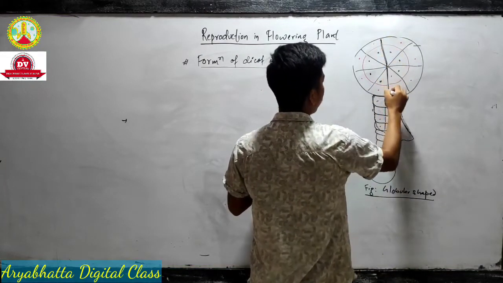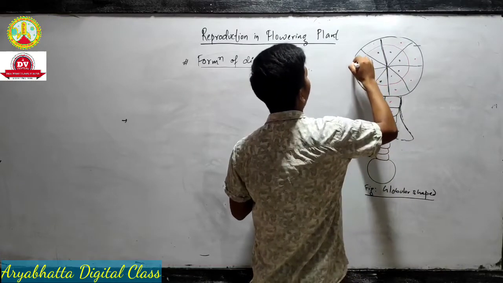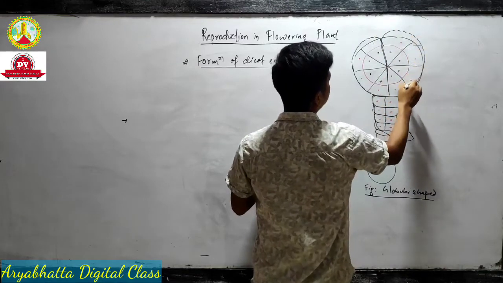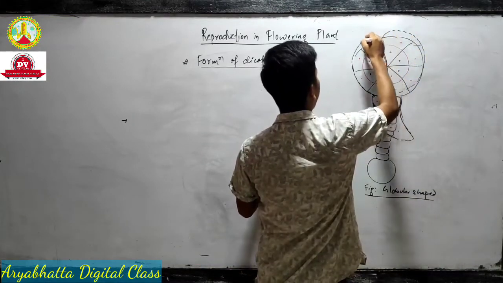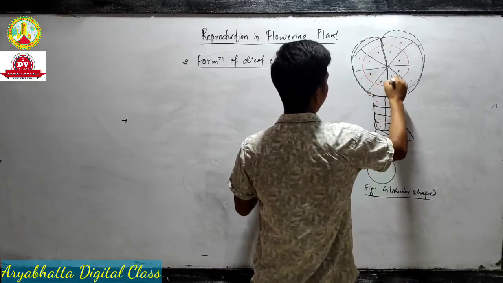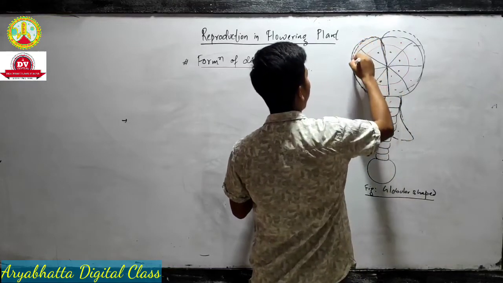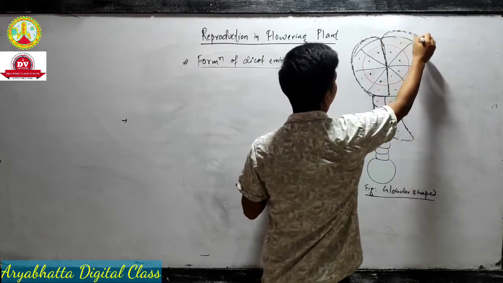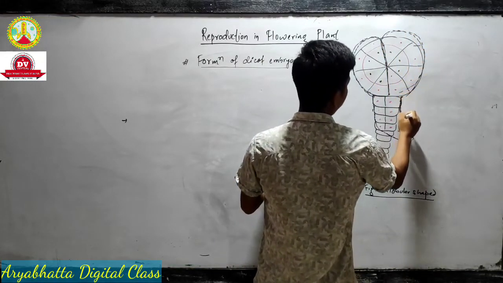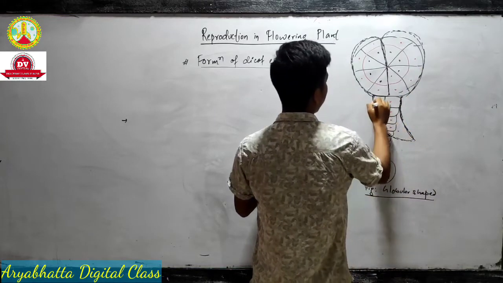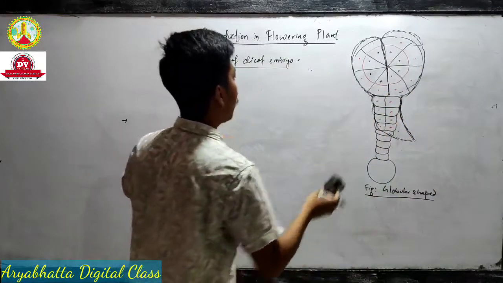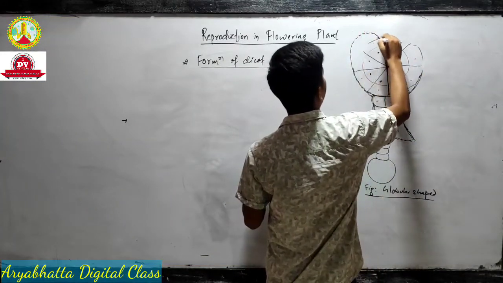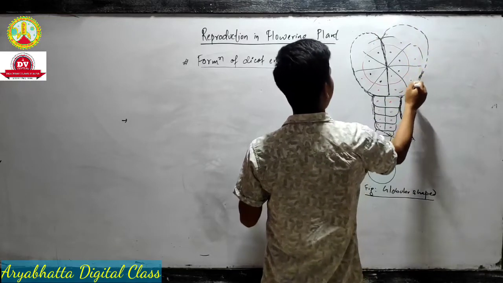The upper region, the half cell, starting from here, results in the formation of a heart-like structure like this. Slowly and gradually, the upper half of the proembryo results in this heart-like structure, and the lowermost structure bends.